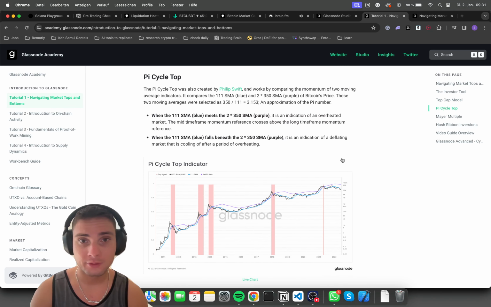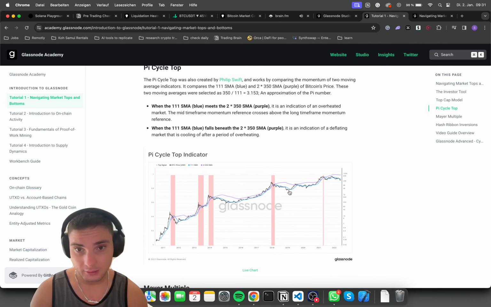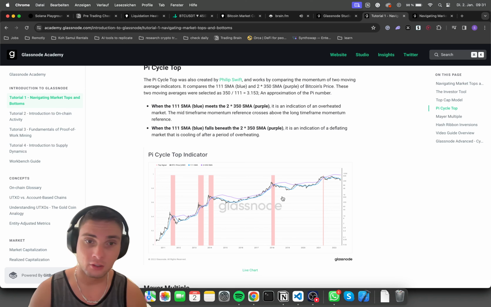The Pi cycle top was also clever. Let's see. So I'm just looking at the crossovers. So we're crossing down. Yeah, okay, you can't really use crossovers.